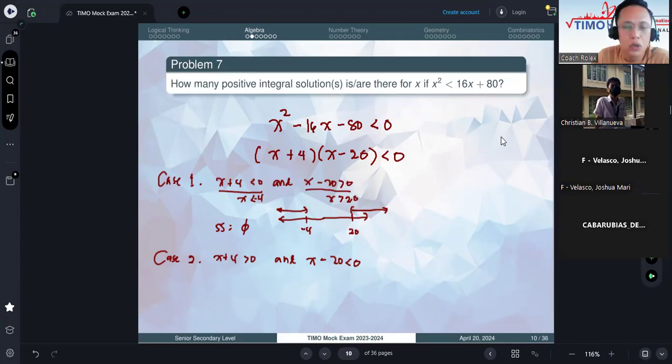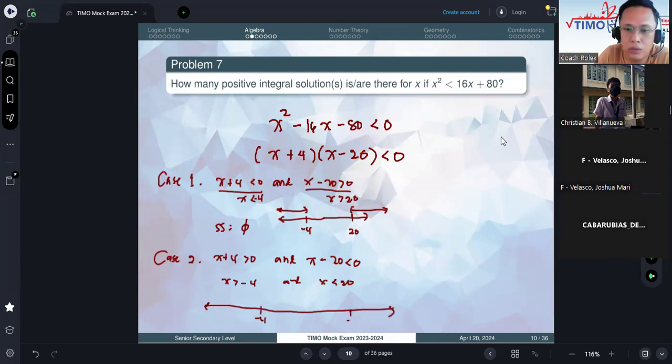In case 2, we assume that the second factor is the negative. So here, we have x is greater than negative 4, and this will give you x is less than 20. In this case, they will coincide. It is negative 4 and this is 20, greater than negative 4 and less than 20.